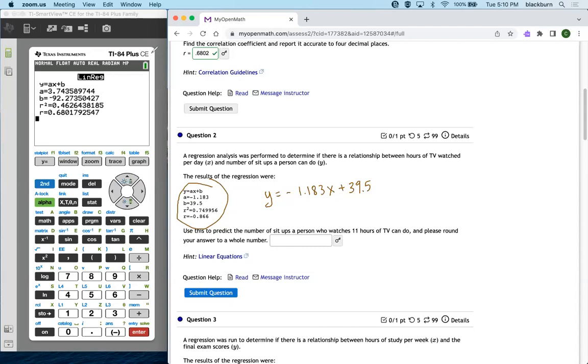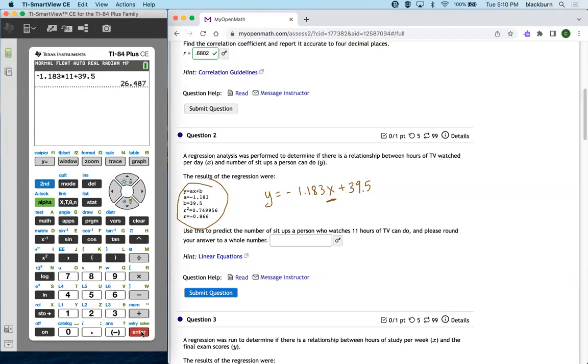So what I'm gonna do to calculate that is I'm actually gonna put 11 in for that X right there. So we're just gonna do that on our calculator. So negative 1.183 times 11 plus 39.5.